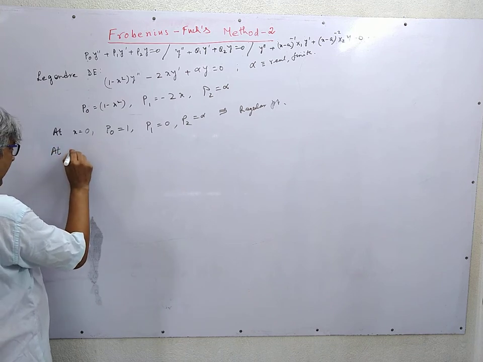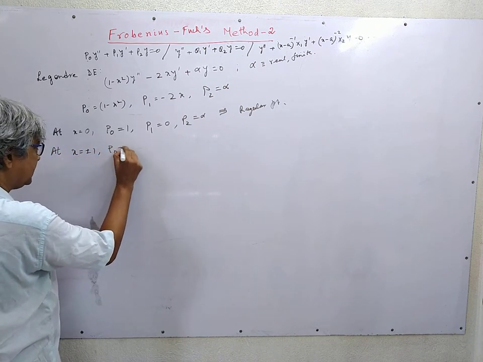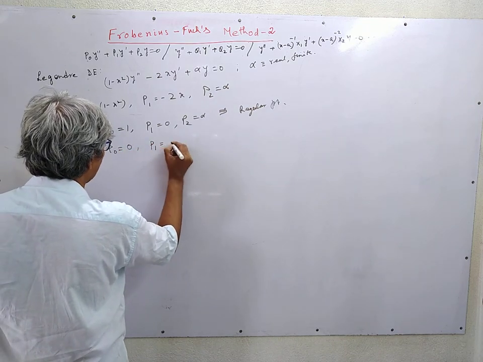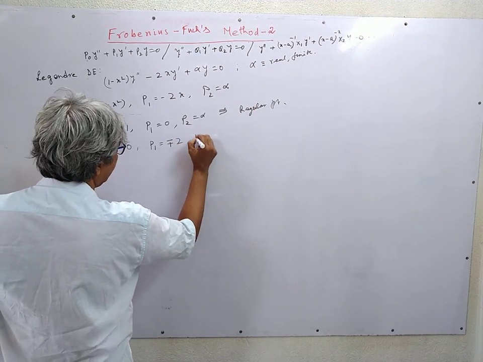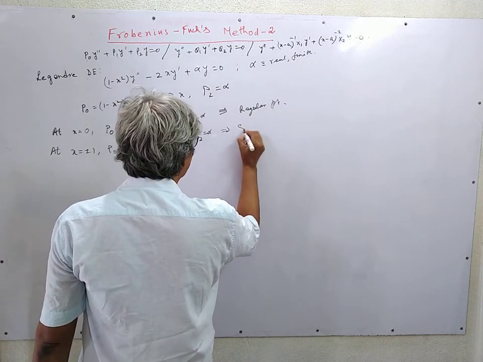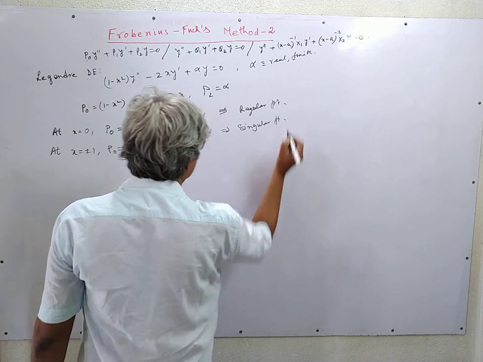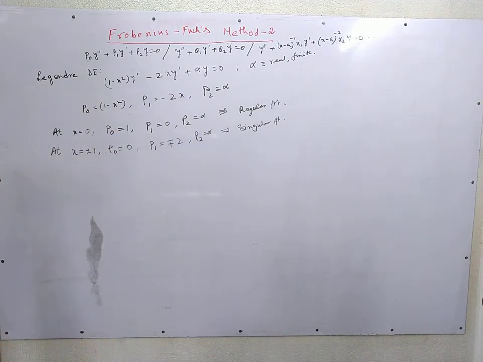At x equal to plus minus 1, P0 is 0 and P1 is equal to minus plus 2 and P2 is alpha. So it is a singular point. Now the task is to see what type of singular point it is.